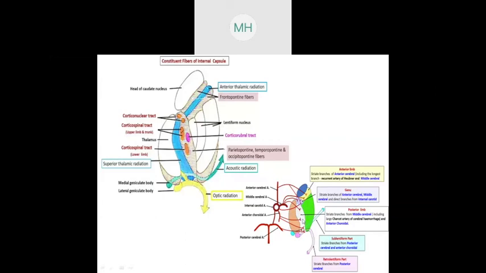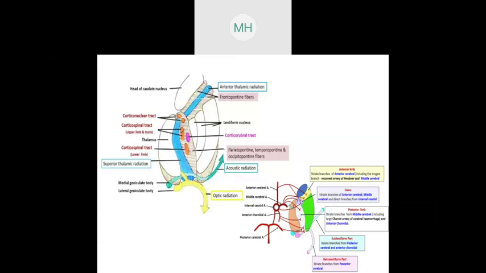The posterior limb of the internal capsule comes from the middle cerebral artery, but the blue one, the superior thalamic radiation, is actually from the anterior choroidal artery. So in this particular lacunar stroke, sometimes you get a pure motor stroke. This is why you have pure motor, not sensorimotor stroke.